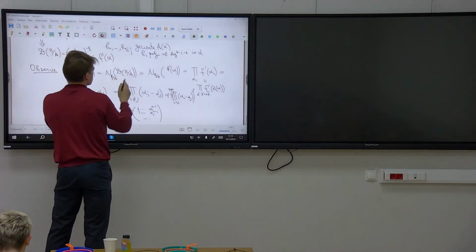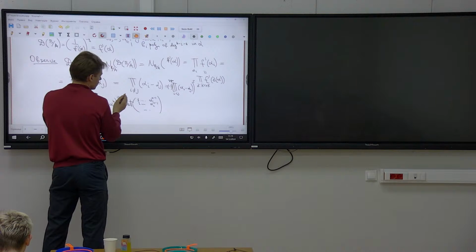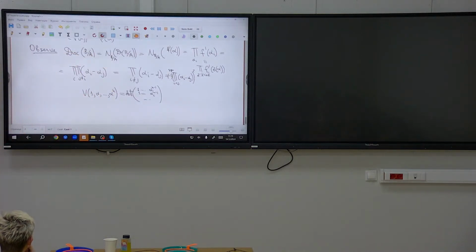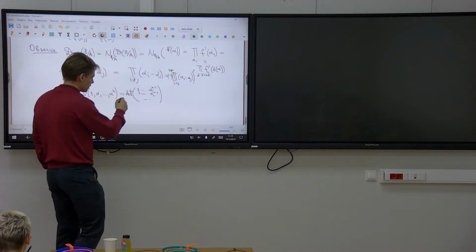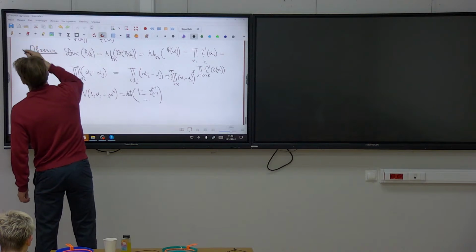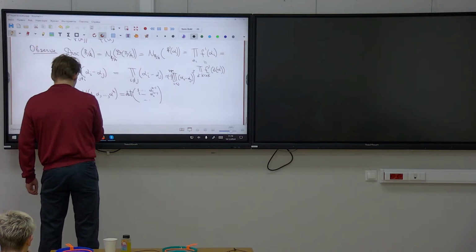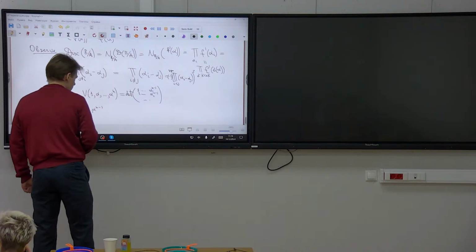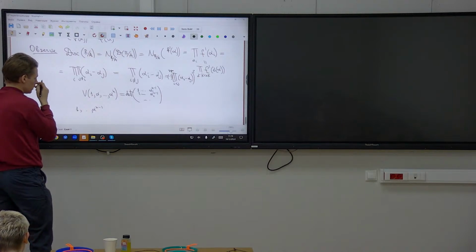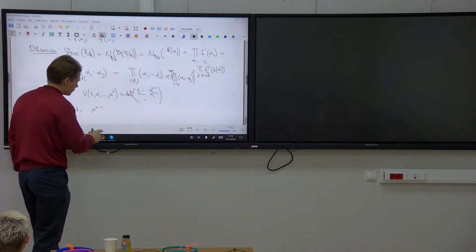So this is precisely what we have learned as a discriminant. We have taken a basis 1, etc., alpha to the n minus 1, and this is just the matrix.